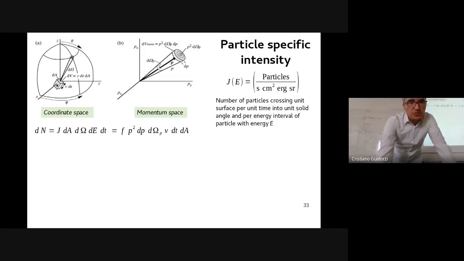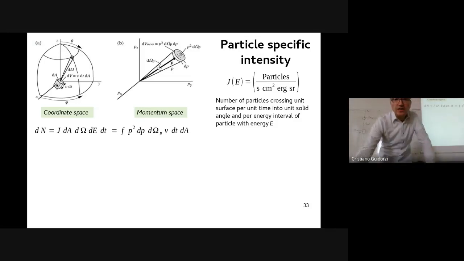Why is this interesting? Well, having introduced J, you can express the number of particles coming out of the surface going into the solid angle in two different ways. One way, which is the first equation here, just exploits the definition of J. To have the number of particles dn, just multiply J by dA, the surface, and by the solid angle, given that it's defined also per unit solid angle.